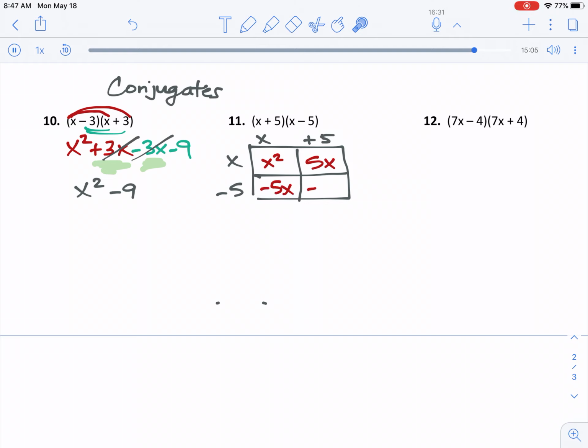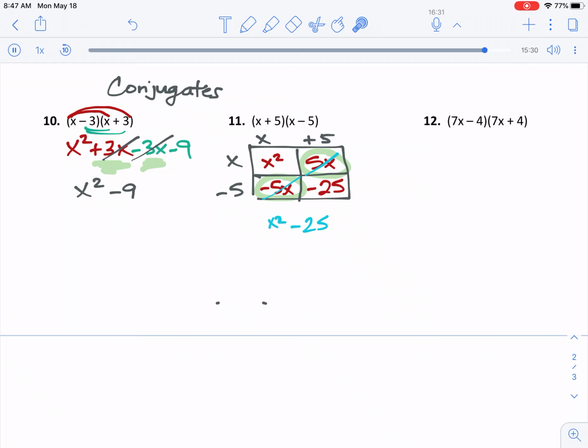And this is negative 5 times 5. And again, what do you notice about this and this? Well, they're like terms, so we were tempted to add them together, but if you look very closely, they're opposites, so they actually cancel each other out. They add to 0, so we get x squared and then minus 25, and that is the final answer here.